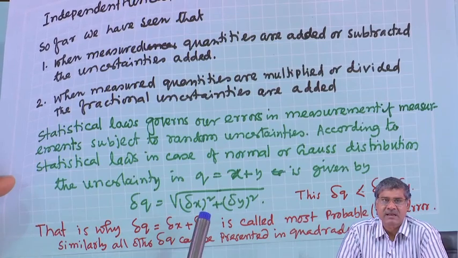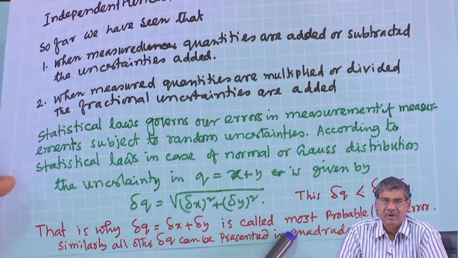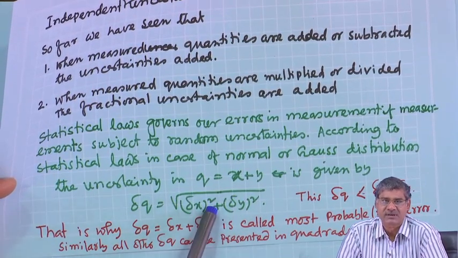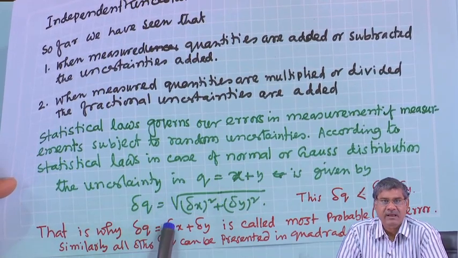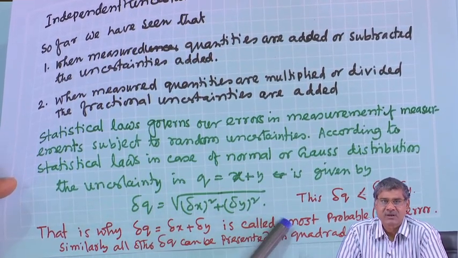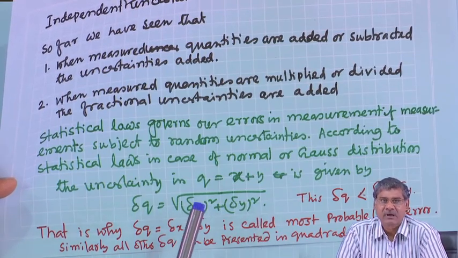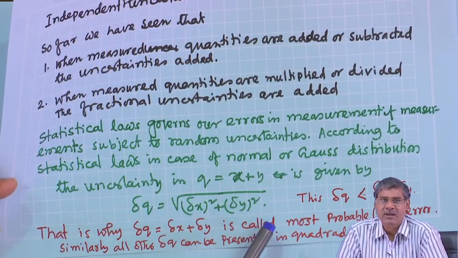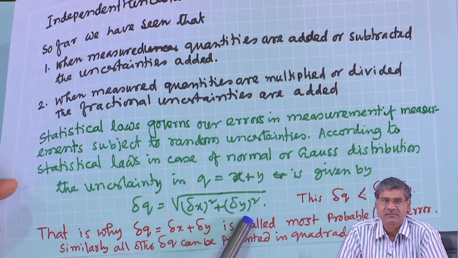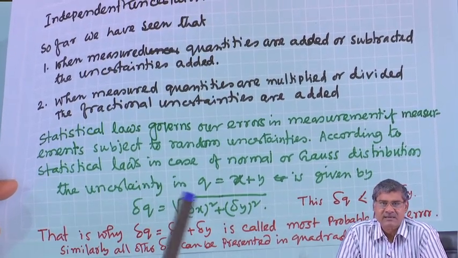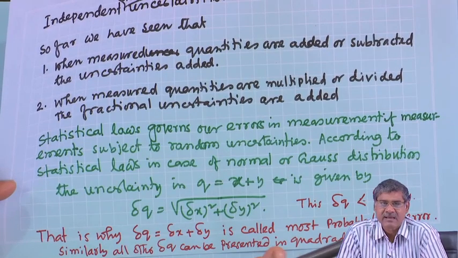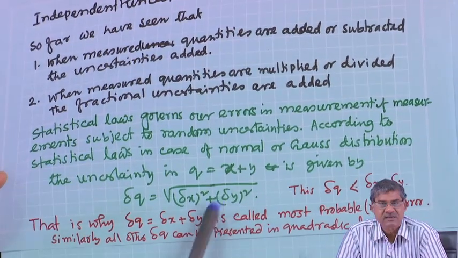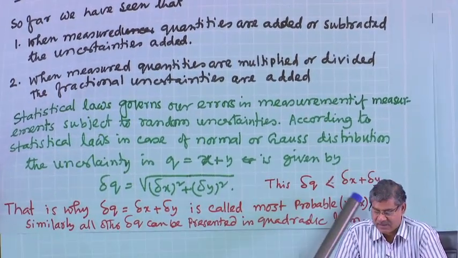Earlier we considered del q equal to del x plus del y, but when your experiment is statistical in nature, the error will be the square root of the square of the error on x plus the square of the error on y. Okay. So, taking the square of these individual errors and then the square root, that will be the error. Now, obviously, this is less than del x plus del y.